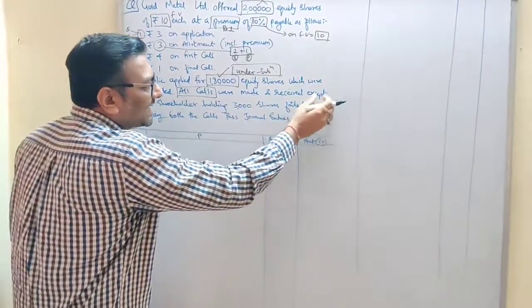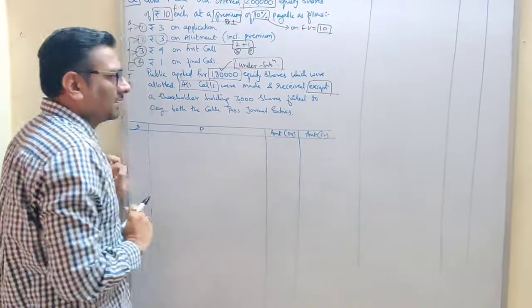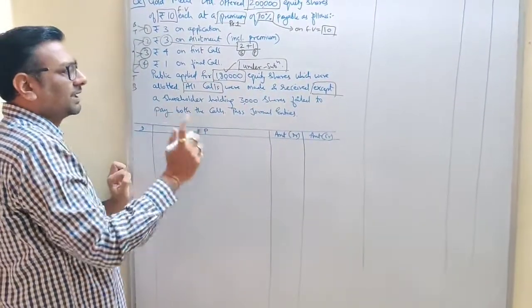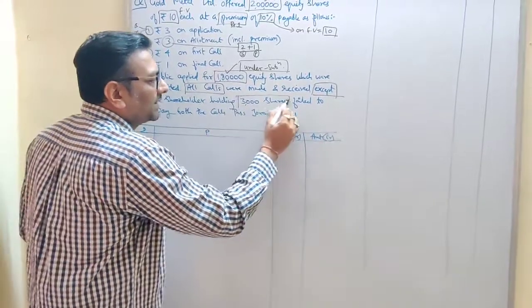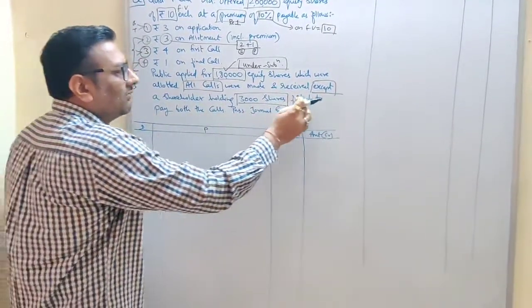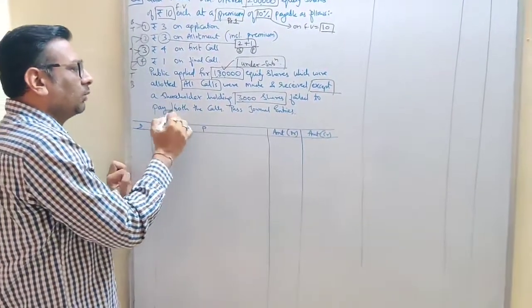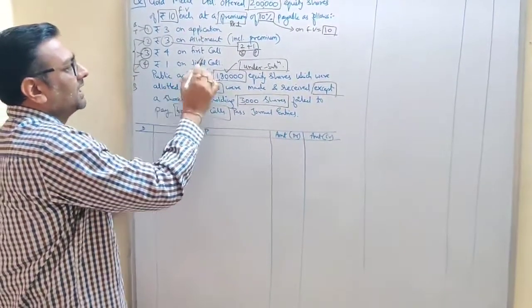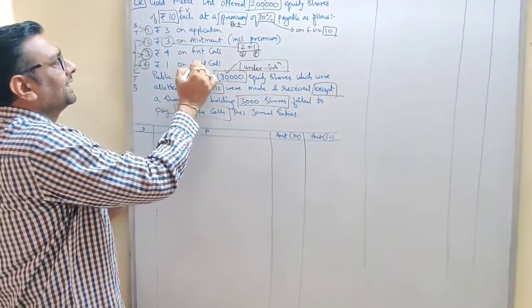Calls were made and received, except that there is one shareholder holding 3,000 shares who failed to pay both the calls. So there is arrear in these 2 calls.